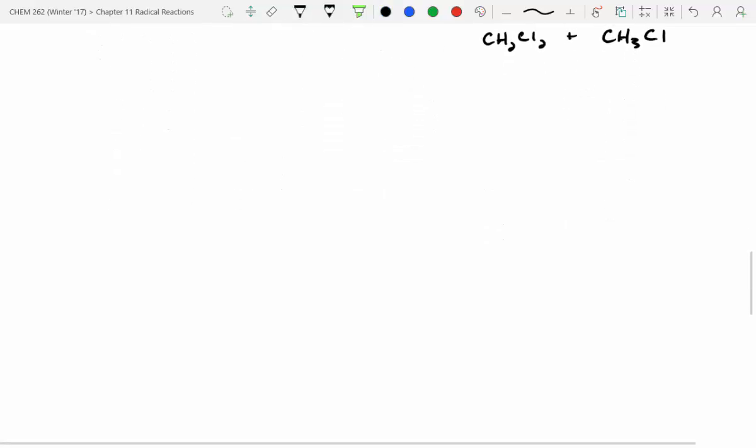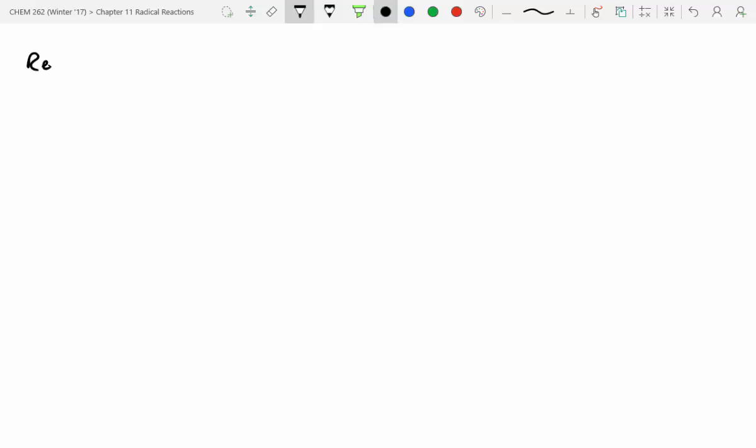All right, let's talk about regiochemistry a little bit. What does it mean when I'm talking about regiochemistry? Yeah, which constitutional isomer are you forming? So let's take a look at this example.